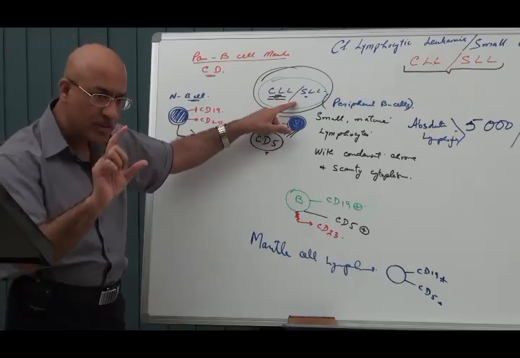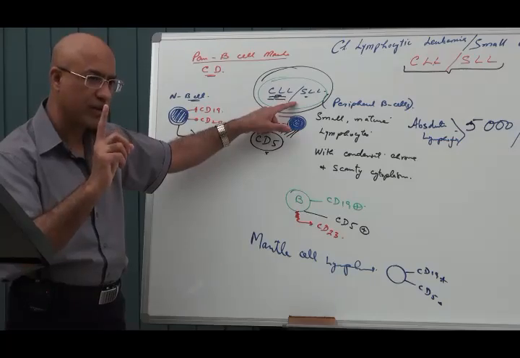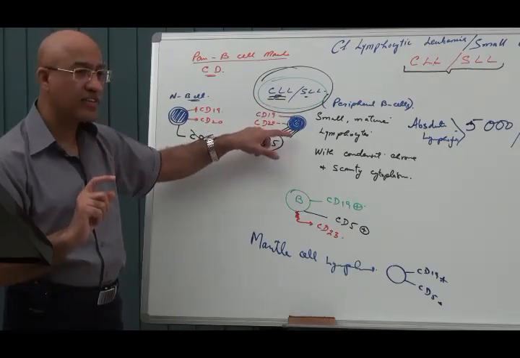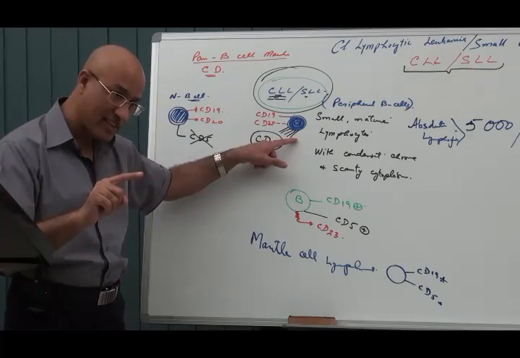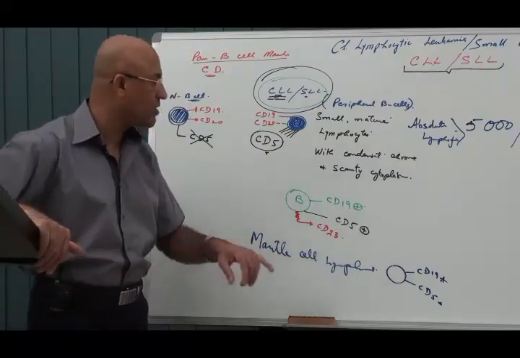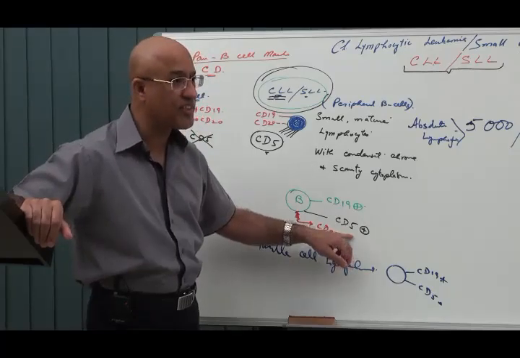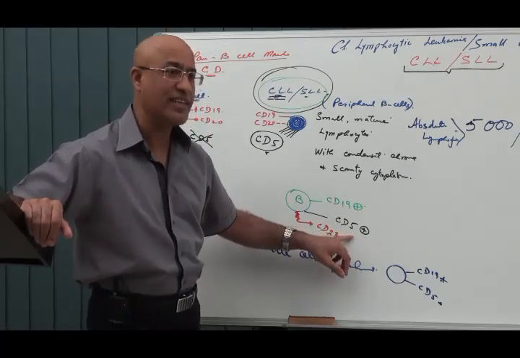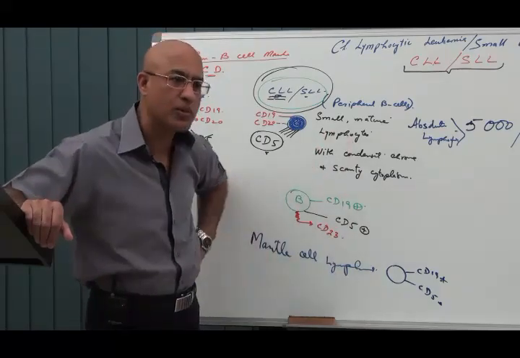With these lymphocytes, a strong pointer to diagnosis is that they express pan B cell antigens, along with CD5. Many students get this wrong in MCQs. When they look at CD5, if they remember T cell, they are confused. Yes, I agree, this is a T cell marker, but it is present in this leukemic situation.